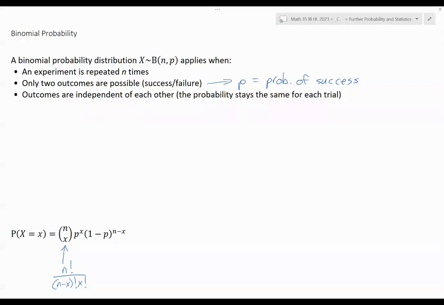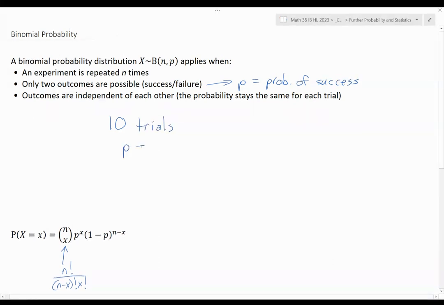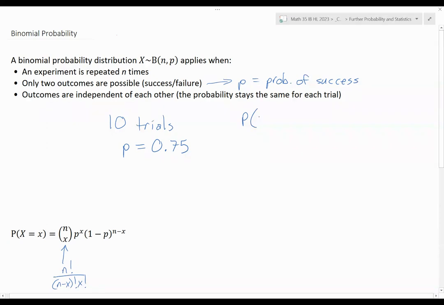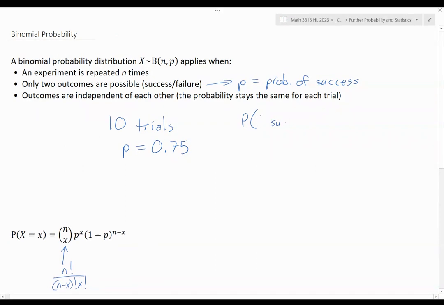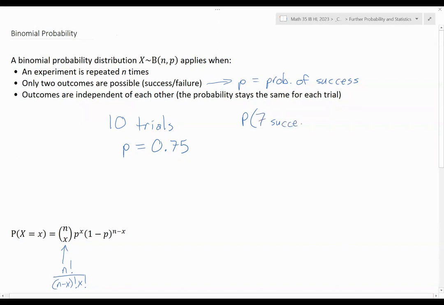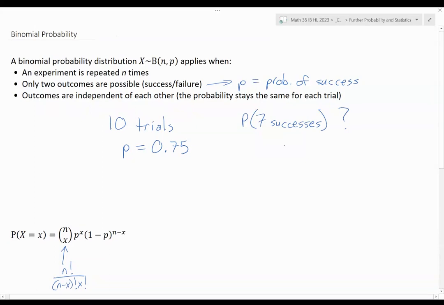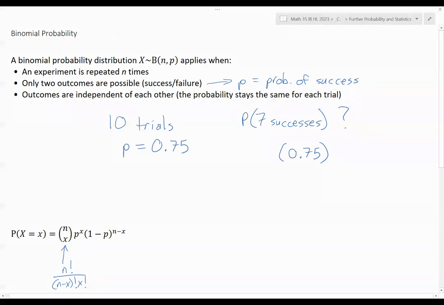So if, for example, I have 10 repetitions of an experiment, so 10 trials, and let's say the probability of success is 0.75 each time. If I want to know the probability of, let's say, 7 successes, think, well, each success has a probability of 0.75, and since they're independent, we multiply probabilities together.